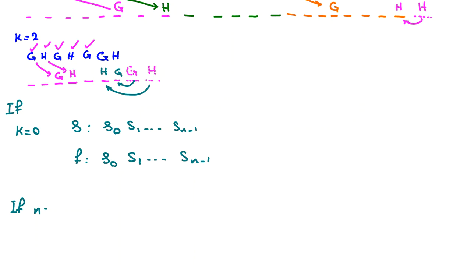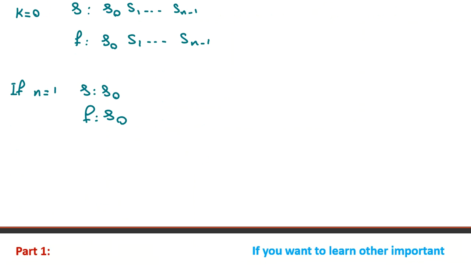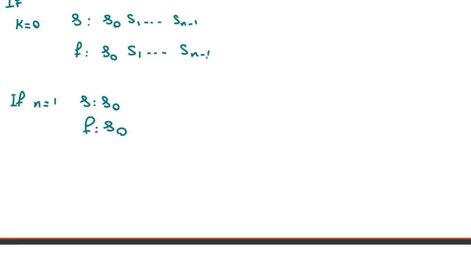If n is 1, the string will be S0, and f will be exactly same thing, will be S0. So now we can conclude what? We can conclude n is at least 2 and k is at least 1.